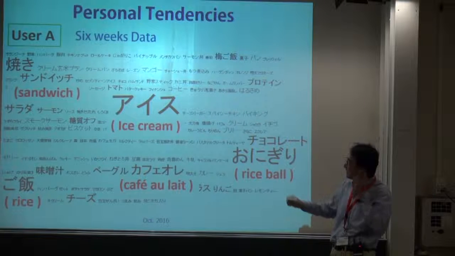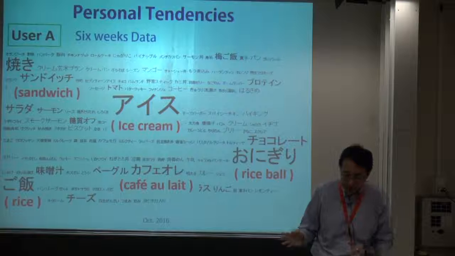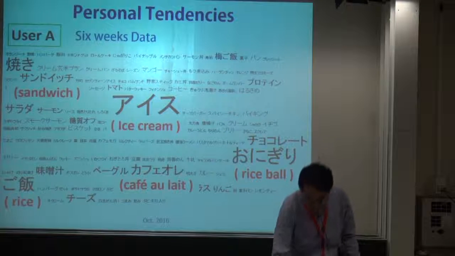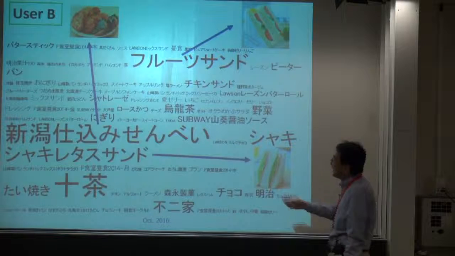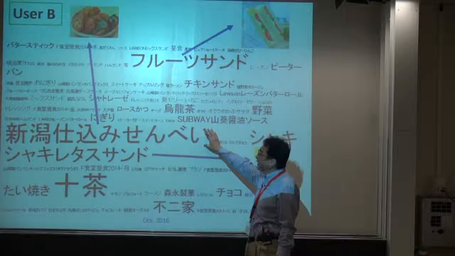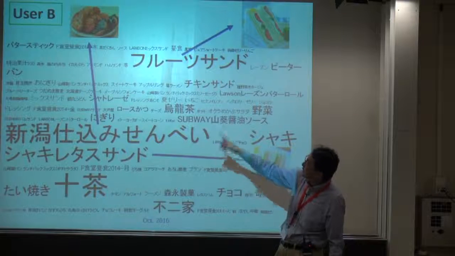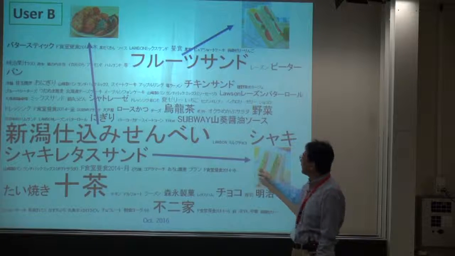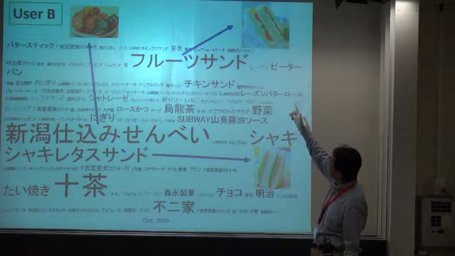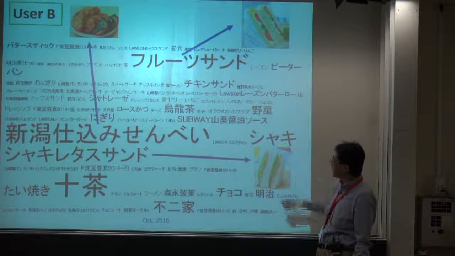You can see that it's quite far from the average. And even worse, the largest one is a cookie, a kind of Japanese cookie that I showed in the picture. The second largest is a sandwich, like a fruit sandwich and a lettuce ham sandwich.